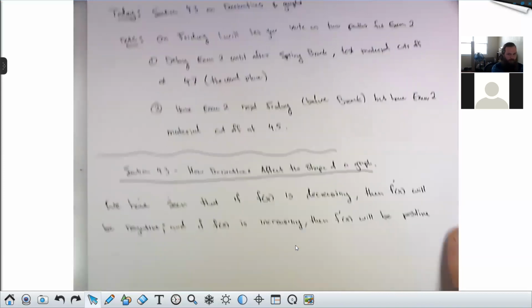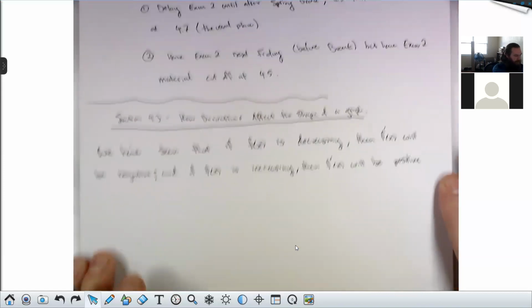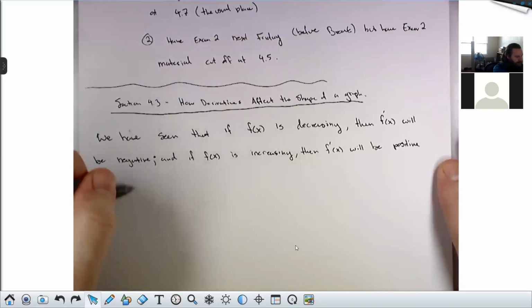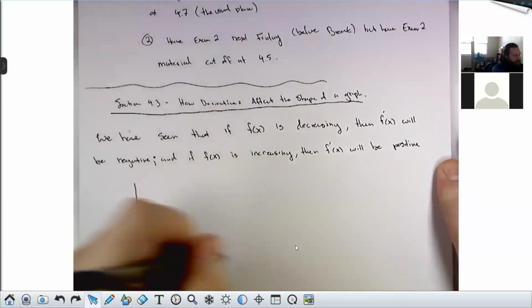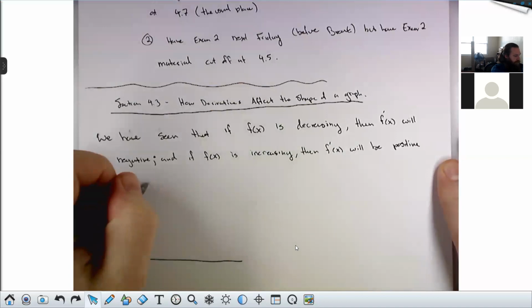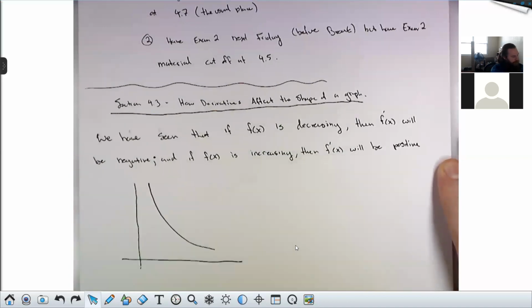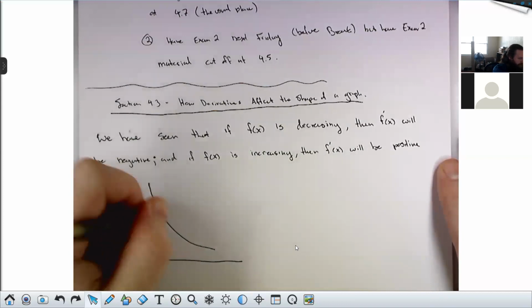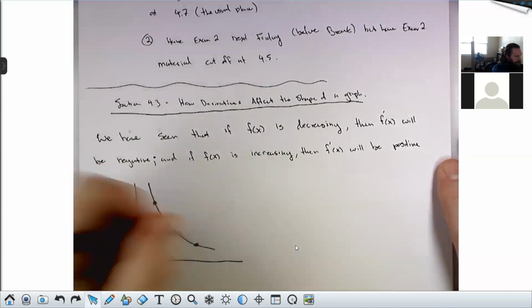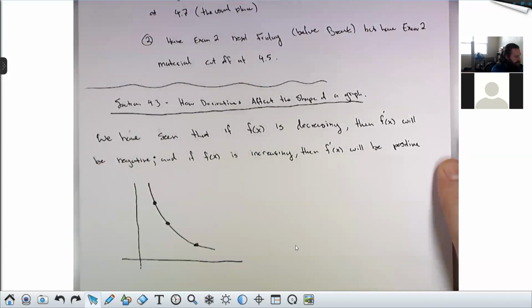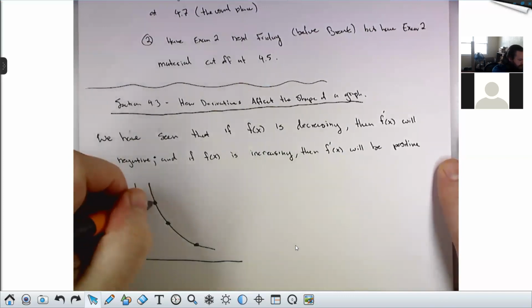And this comes from the standard picture, thinking about f and its tangent lines. If I have a decreasing function, and I take a few sample points wherever, look at the slopes of the tangent lines, these will all be negative, right?